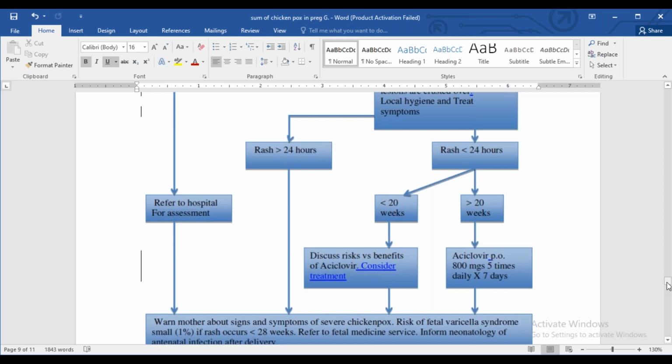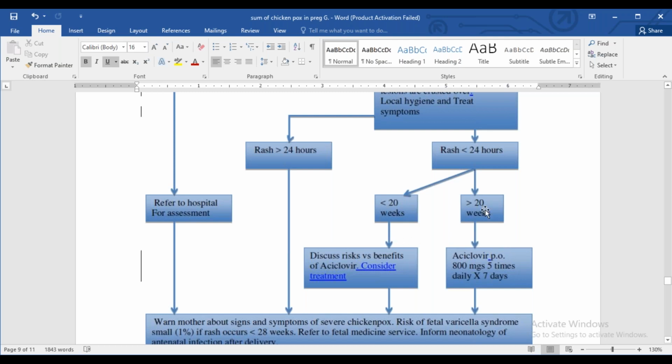We give acyclovir to patients who present with a rash developed less than 24 hours ago, and the patient is more than 20 weeks pregnant. You will give her acyclovir 800 mg 5 times daily for 7 days, and this is oral. The IV acyclovir is for severe disease, for immunocompromised patients who developed complications.